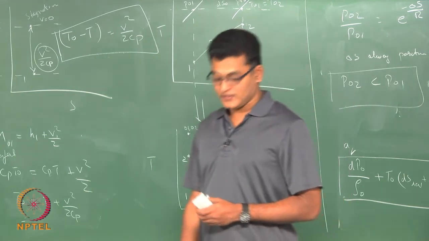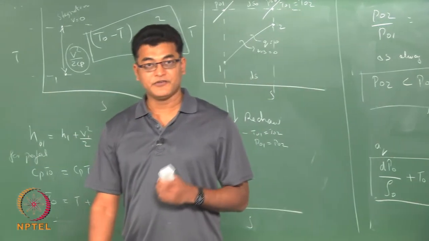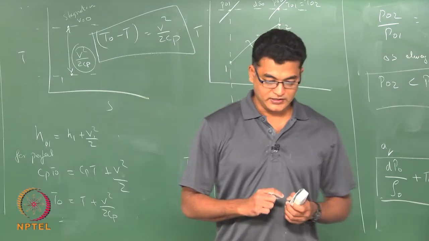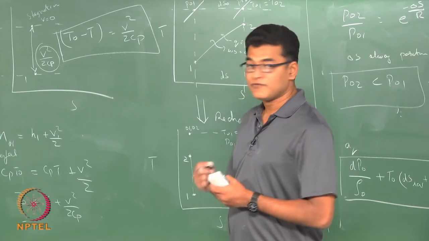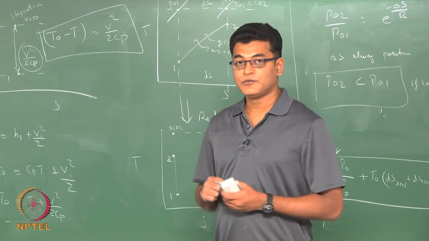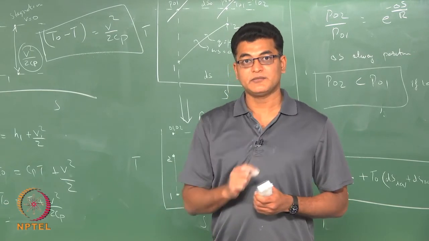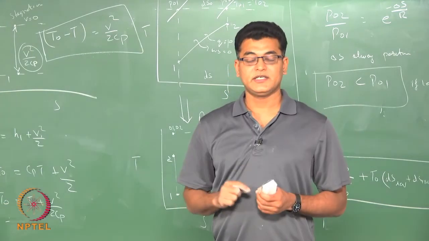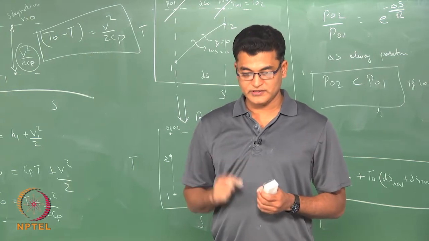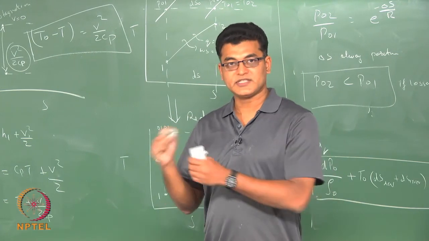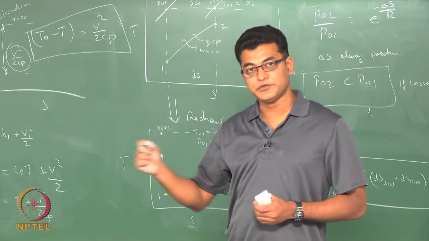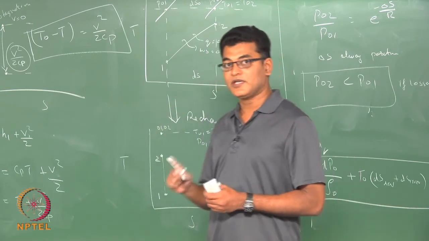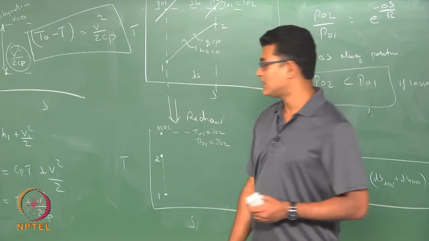So, for a case where there is no heat and no shaft work, if the process does not involve losses, you have T01 equals T02: the stagnation temperature for state 1 is the same as the stagnation temperature for state 2 if they undergo a process without heat, without shaft work and with no losses.